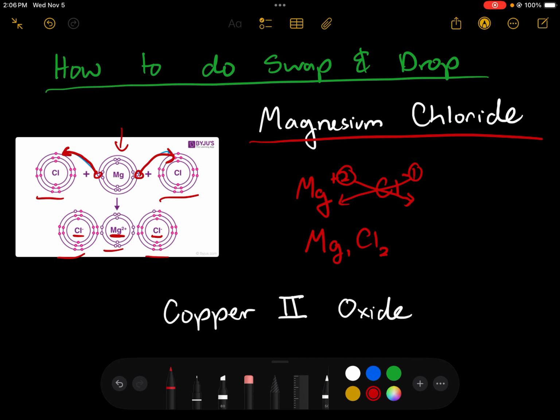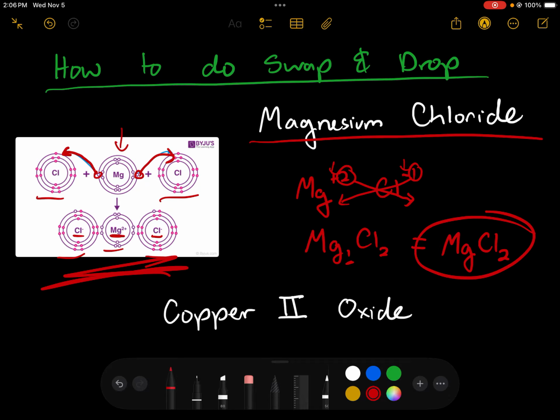Please note that I did not bring down the positive or negative symbols at all, just the numbers. Every time you see a 1, you don't need to write it, so you can just write that formula as MgCl2. That is your final formula given the swap and drop method, and that was a lot faster than doing it the long way.